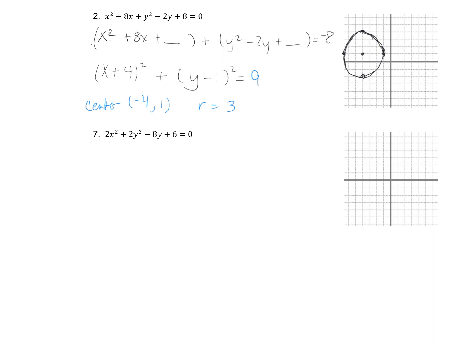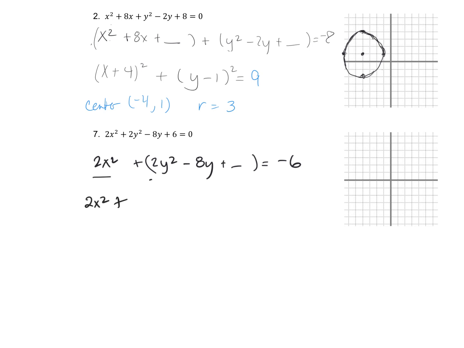All right, what about this one? Let's do this one. We're going to do 2x squared plus 2y squared minus 8y. What do we do with the 6? We're going to move it over, and it's a -6, okay? What do we do first? Can't do anything on the x's, that stays the same.